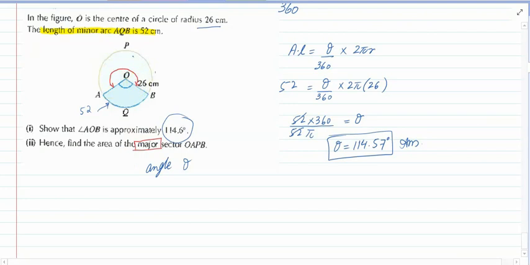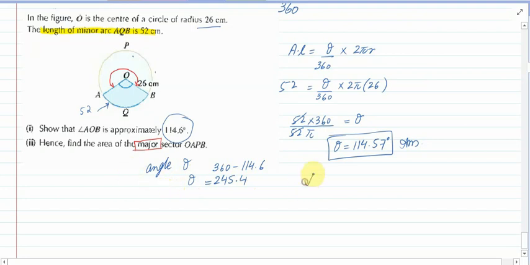So you can find the angle by easily subtracting 114.6 from 360. So 360 minus 114.6, it's 245.4. Right?